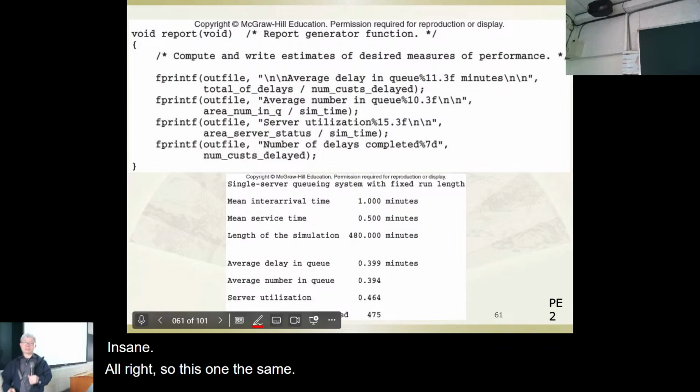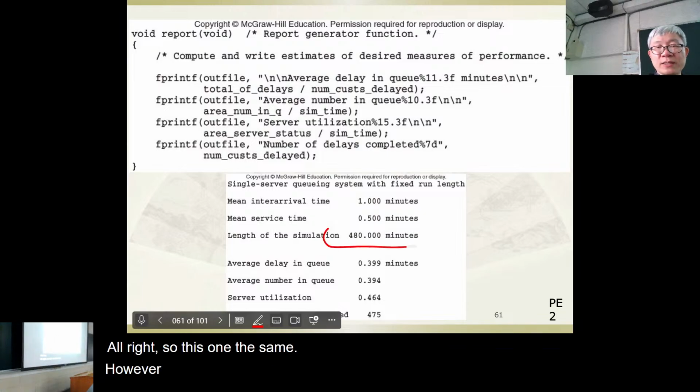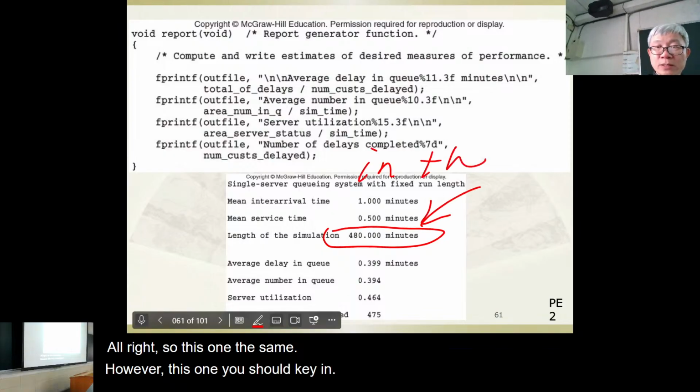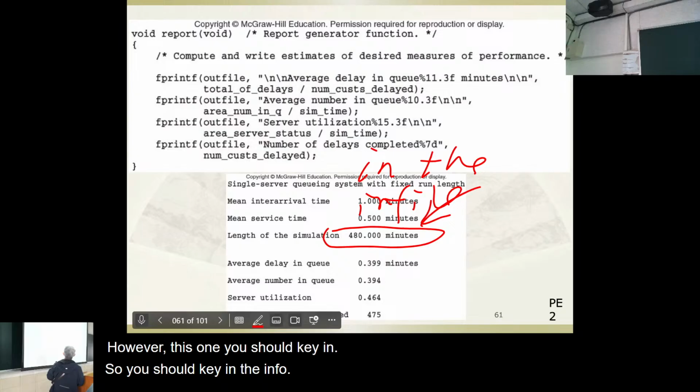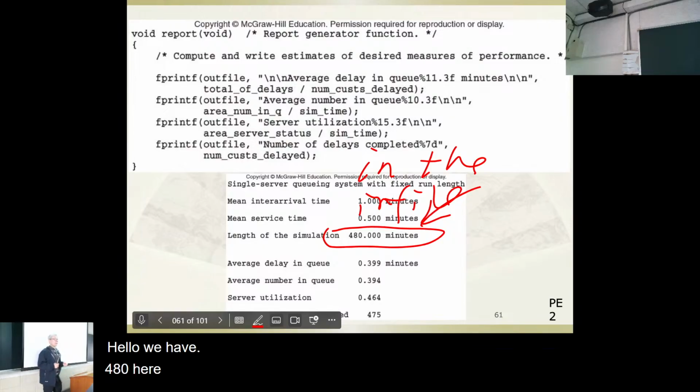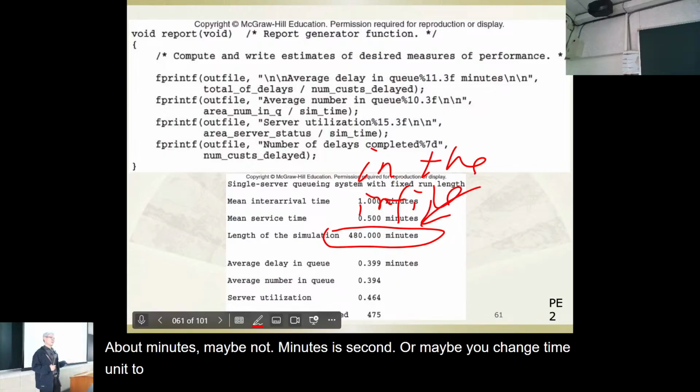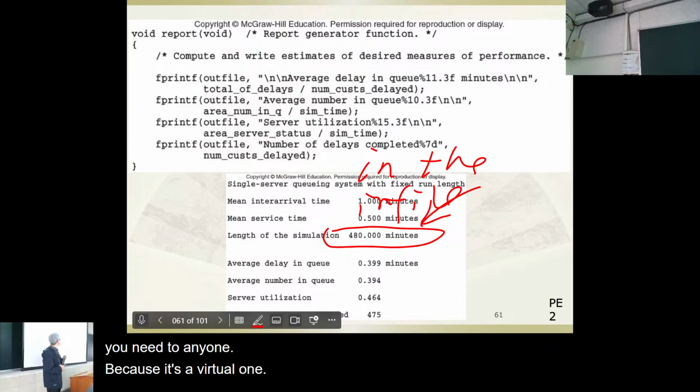However, this one you should key in the in file. How long? We have 480 here, minutes. Maybe not minutes, it's seconds, or maybe you change the time unit to anything because it's a virtual one.